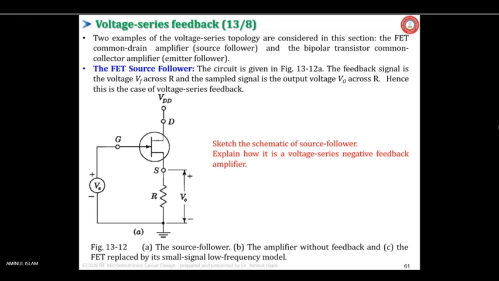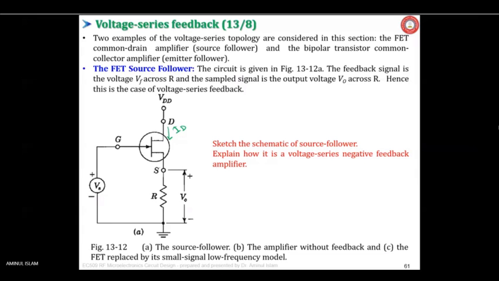See, because of any reason, current through this FET is increased. Negative feedback means output current ID, or IDS, I am writing ID only, is increased. Because of some reason, it is increasing. Now, output current is increasing.